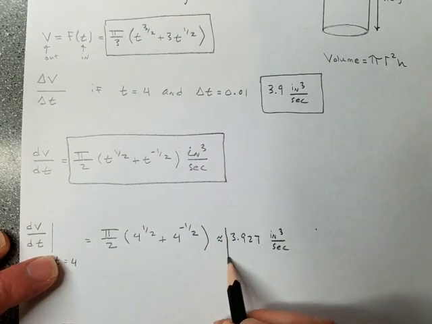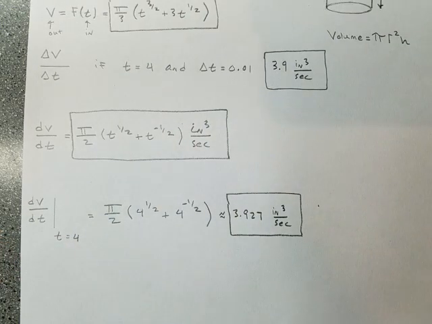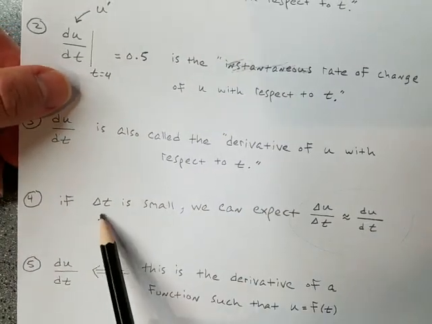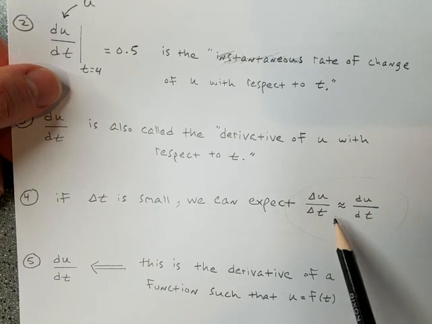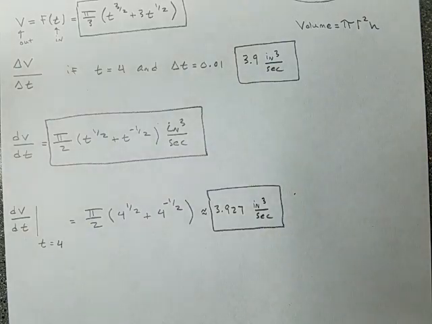Now, do you remember when, let's see, yeah, it was my first video, and I said, if the changes are small, the derivative and the deltas will be approximately equal. That gives you a way to understand what a derivative is.